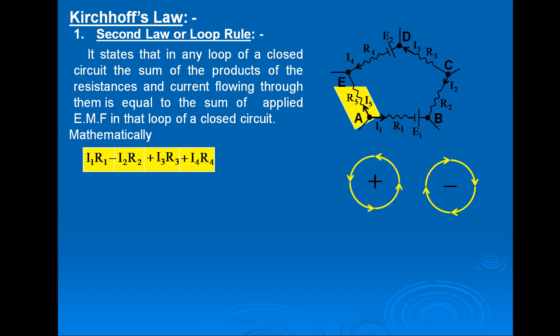And in the last branch EA, current is flowing from point A to E, that is in the clockwise direction, so we get minus I5 R5.